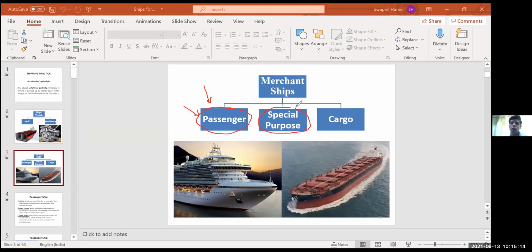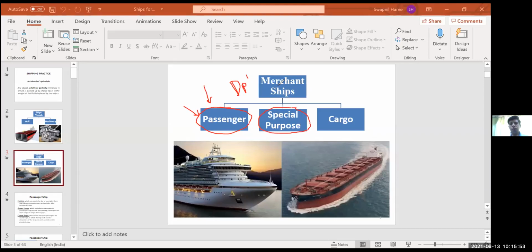Then there are special purpose vessels. Within special purpose vessels you will find DP vessels, offshore survey vessels. All these special purpose vessels you will find, and the DP vessel has types DP1, DP2. Now what is this DP1, DP2? I don't want to go into much detail, but just to give you a gist of it, suppose you have to lay a pipeline underwater, out at sea.